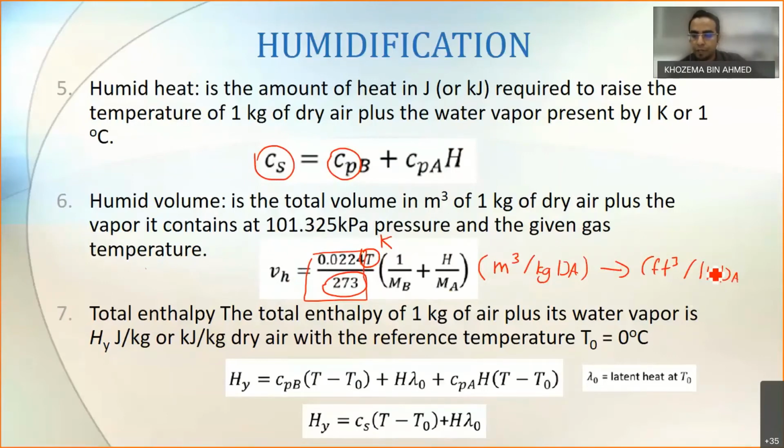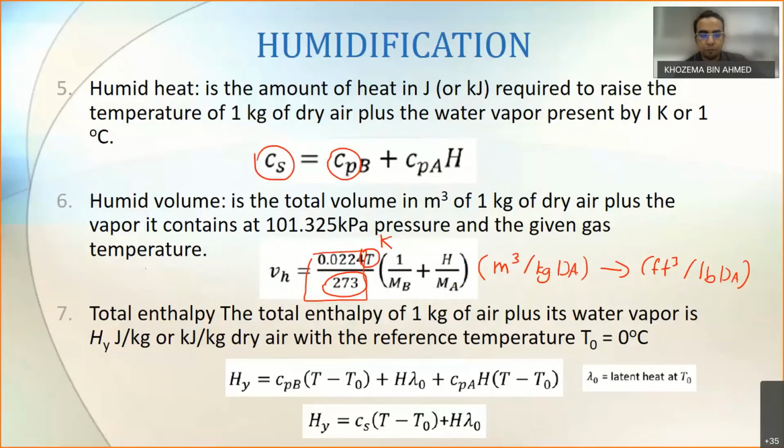So there will be another formula, or you can change this into feet cube or pound. You can change meter cube into feet cube, you can change kg into pound. But there will be a different set formula for feet cube per pound.